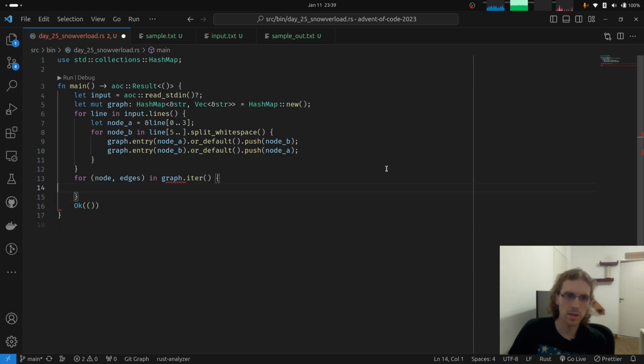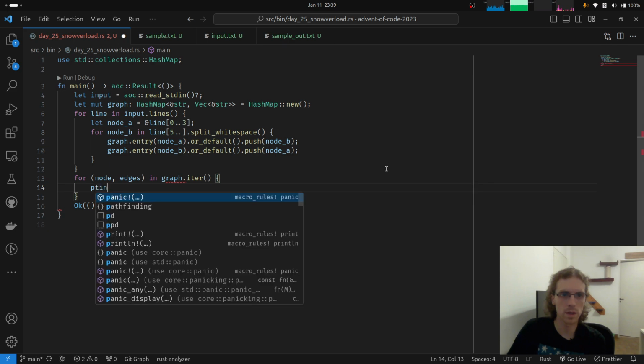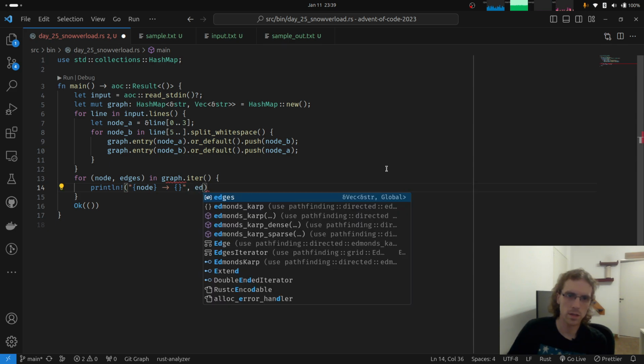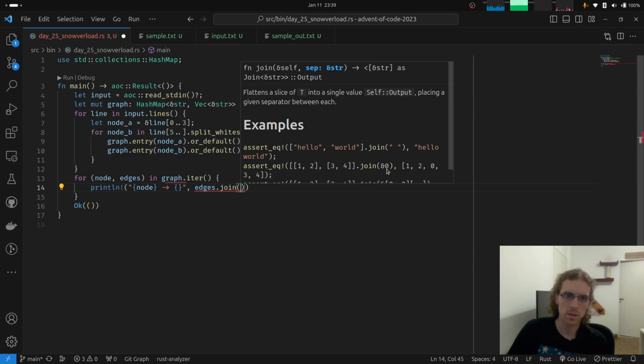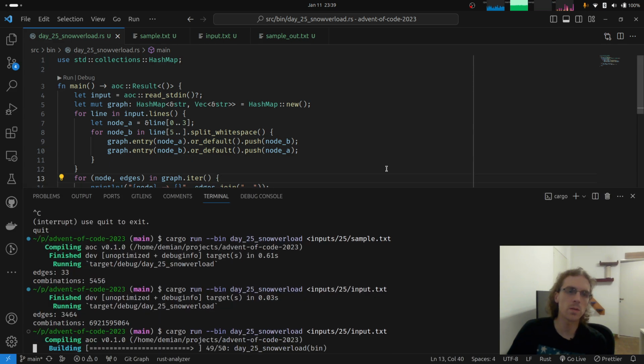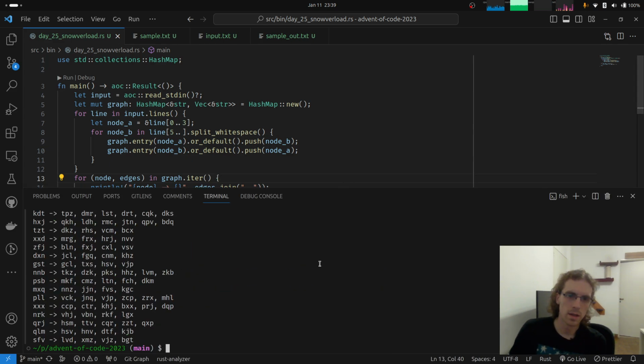Yeah, we have already seen the combinations, no need for that. Gonna print, just say node connects to, and then just print the edges joined by a comma, which is kind of the input again, but now things should appear like twice.